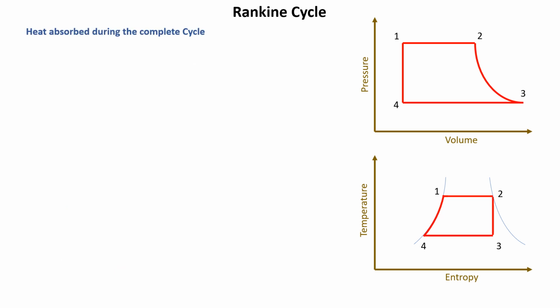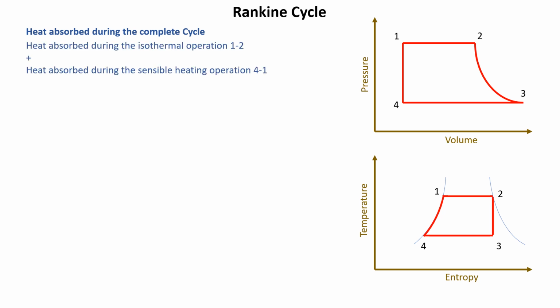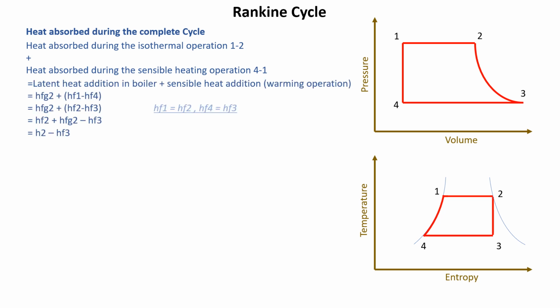So the heat absorbed during the complete cycle is equal to the heat absorbed during the isothermal operation, it means process 1 to 2, and the heat absorbed during the sensible heating operation from 4 to 1. The heat absorbed during the isothermal operation 1 to 2 is latent heat, and the heat absorbed during the process 4 to 1 is a sensible heating process.